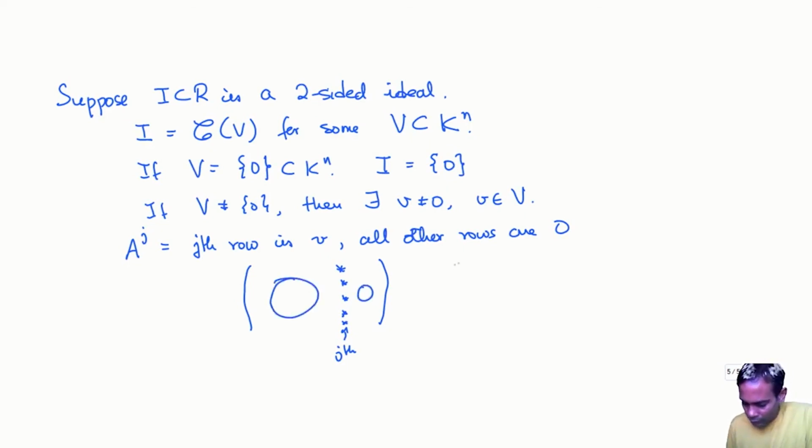So now I ask you, what is the row space of A_j? The row space of A_j is the subspace spanned by the rows of A_j. At least one of these coordinates in v is non-zero, and so the row space of A_j is going to be the jth coordinate line.